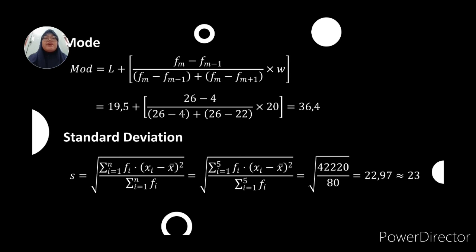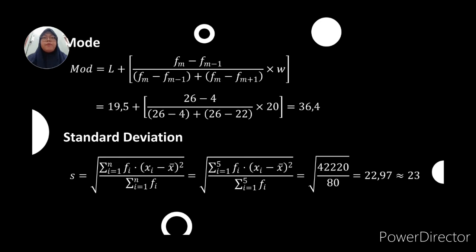The mode formula is L plus F subscript M minus F subscript M minus 1 over F subscript M minus F subscript M minus 1 in the parentheses plus F subscript M minus F subscript M plus 1 in the parentheses, times W in the brackets.